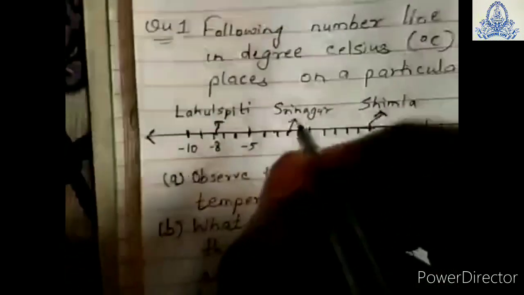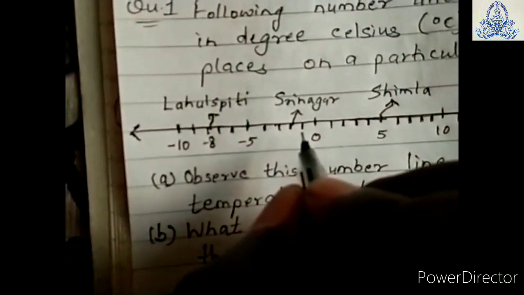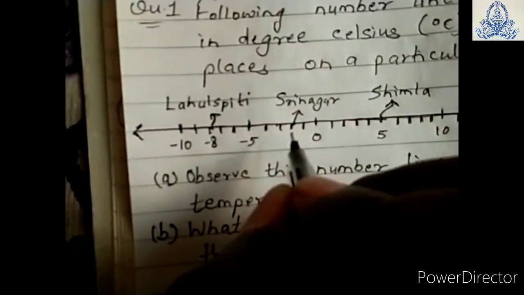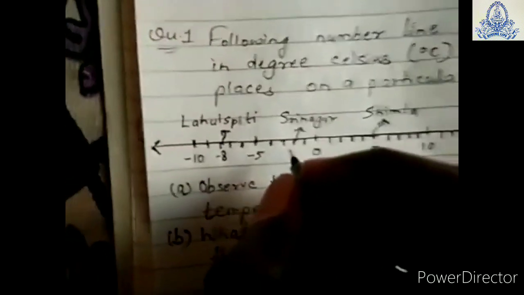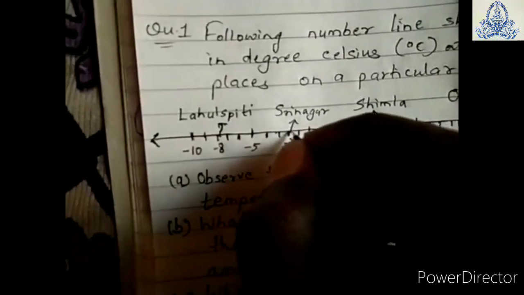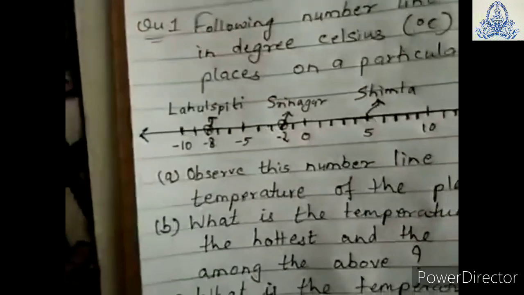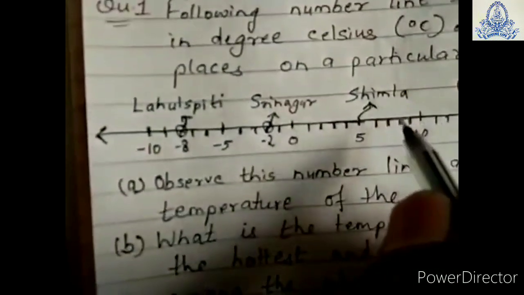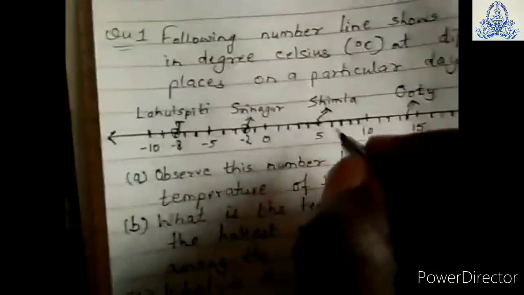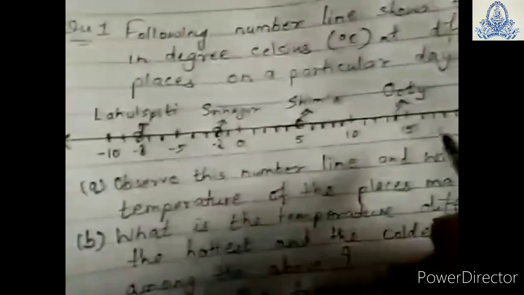Now Srinagar, we are having 0 here, -1, and after this -2. So we will put -2 for Srinagar. In the same way, Shimla is already given as +5 degrees.